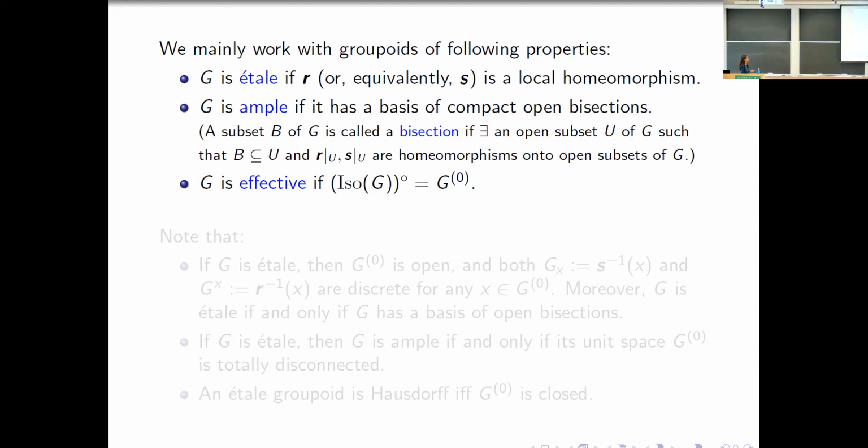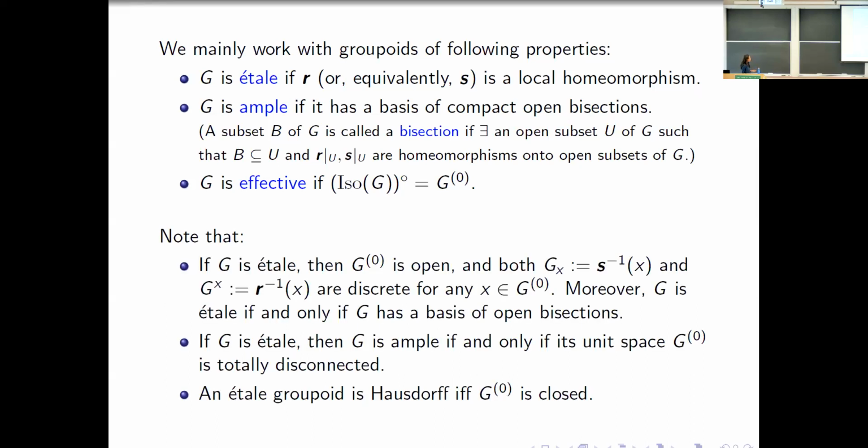Okay, so those are the bisections we are going to work with a lot. Basically, when we think of a bisection, it just means that when we restrict our source map and range map, they are homeomorphisms. An extra property one can study on the groupoid is called effective, and this means that the interior of the isotropy of the groupoid is the entire unit space.